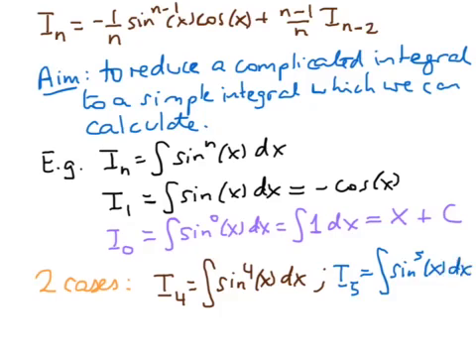So those are the two cases. I'm going to look at them in turn, and I'm going to start off with this one. So on the next slide I'm going to again write out our reduction formula, and then we will use it.